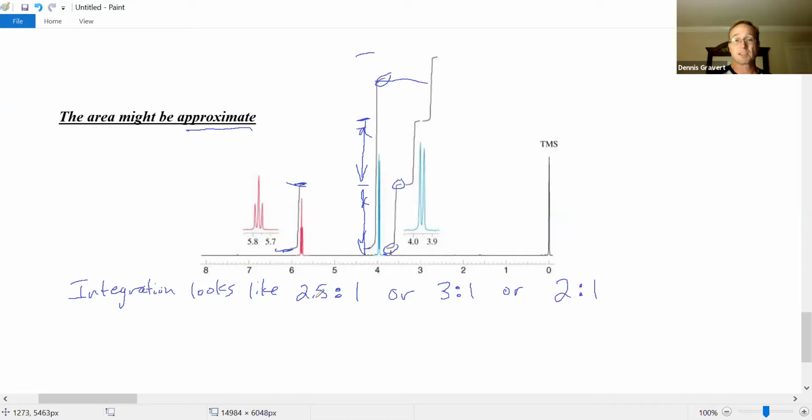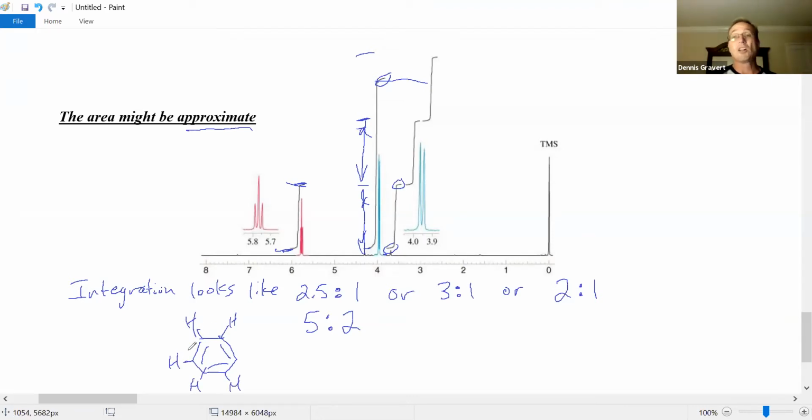And then some of you are probably saying, wait, how can you have half of a hydrogen in a molecule? I know, you can't. Instead, it's a ratio. So let's double this. Instead of 2.5 to 1, maybe it's 2 times 2.5, which is 5. And we'll double this. Maybe the actual ratio is 5 to 2. And here's an example of a molecule that has 5 hydrogens, all attached to benzene.